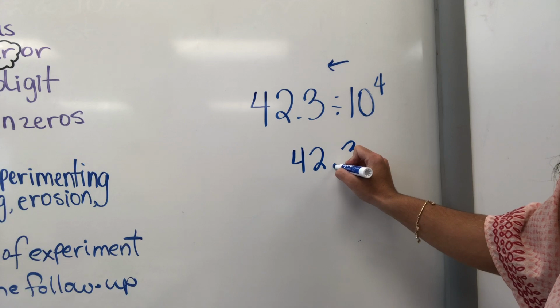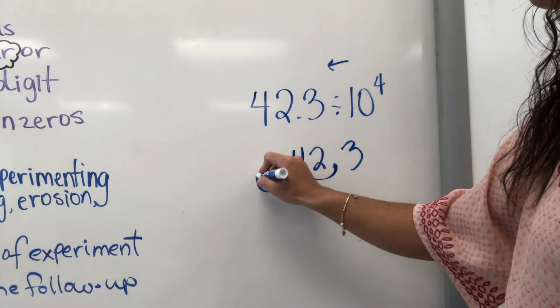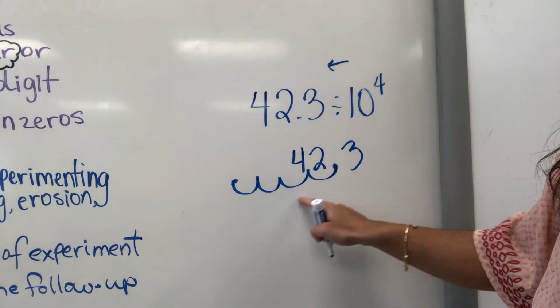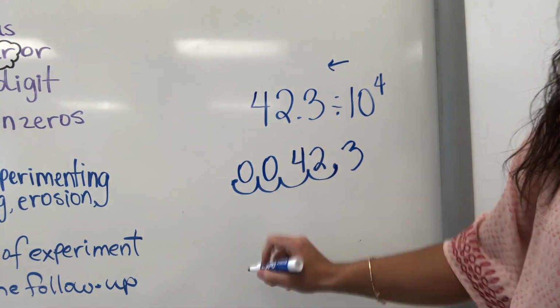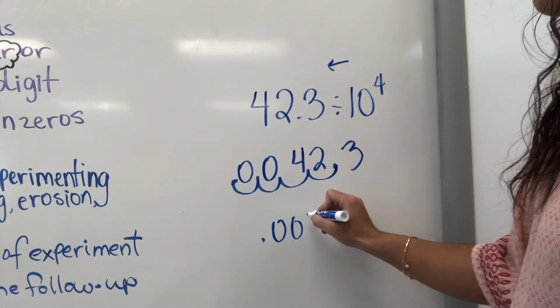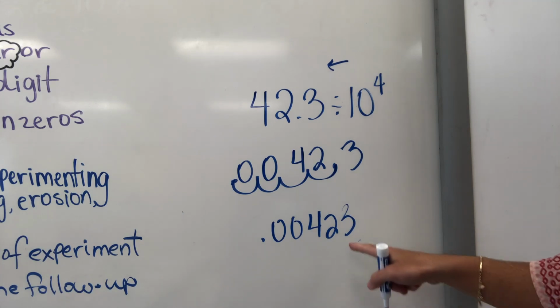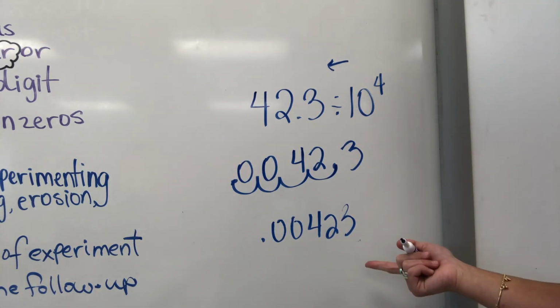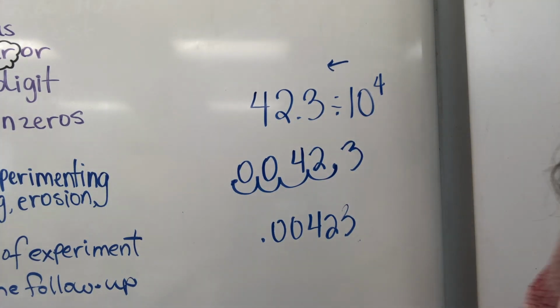I'm going to start with my decimal, and I'm going to move 4 times to the left. 1, 2, 3, 4. I've got to make sure that my placeholders are filled so that I can put a number inside of them, so my answer would be 0.00423. A good way to check myself is that when I'm dividing, I know my number should be smaller. I should know that this number is significantly smaller than 42 and 3 tenths.